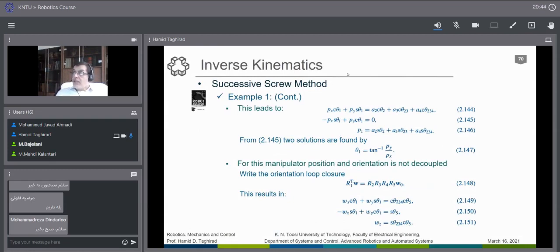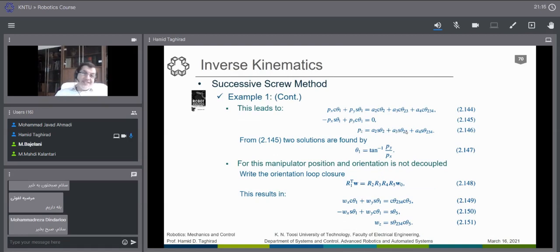And now when theta 1 is given from this equation, then we should go to theta 2, theta 2, 3, theta 2, 3, 4. So we have three other unknowns, which are not very simple to find by these two equations. Keep these two in mind. We have theta 1, we have the left-hand side quite accurately known, but these two equations are not sufficient to find three other parameters.